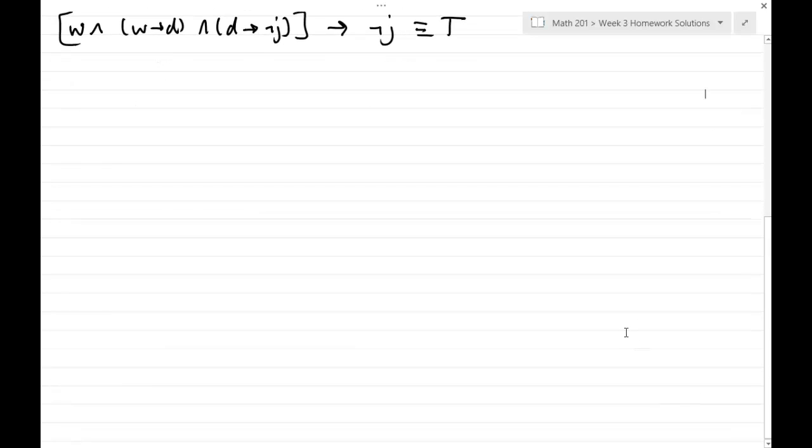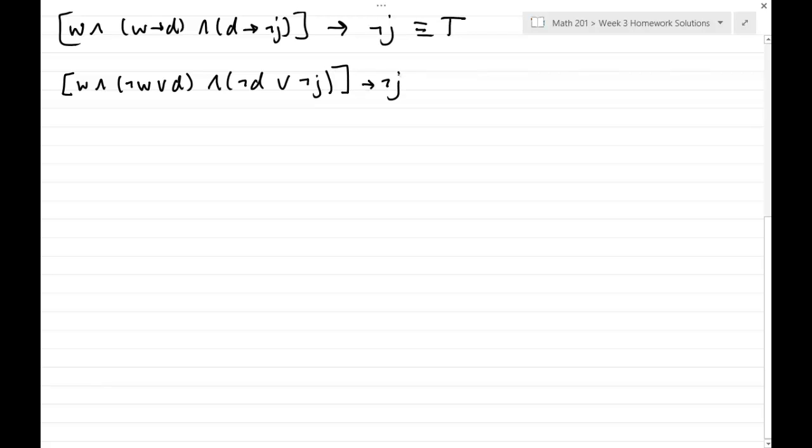more examples of this. Let me go ahead and rewrite these implications. Negation of W or D, and negation of D or not J. All of that implies negation of J. Let's go ahead and apply or distribute that W and.